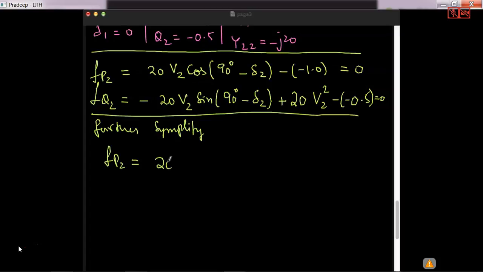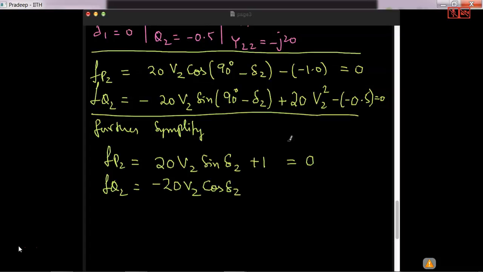So 20 V2 sine delta 2 plus 1 equal to 0. Then the second function is minus 20 V2, sin of 90 minus theta is cos theta, cos delta 2 plus 20 into V2 square plus 0.5 equal to 0. So I have two functions.